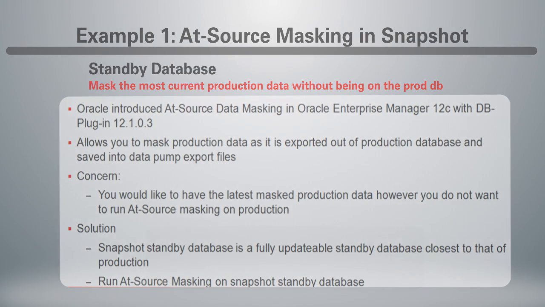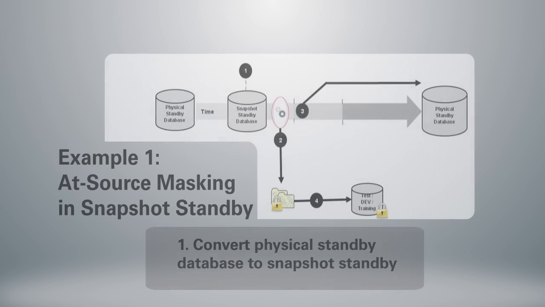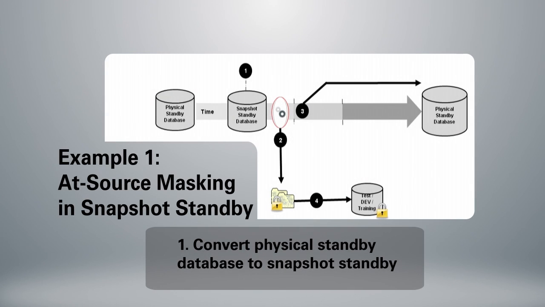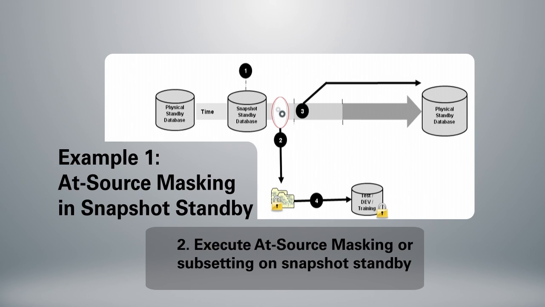Now what you can do is take that physical standby database, which is currently recovering, and convert that physical standby to a snapshot standby. Basically, it allows you to open up the database while providing a guaranteed restore point. Execute at-source masking.